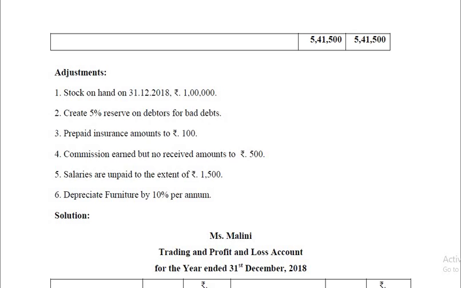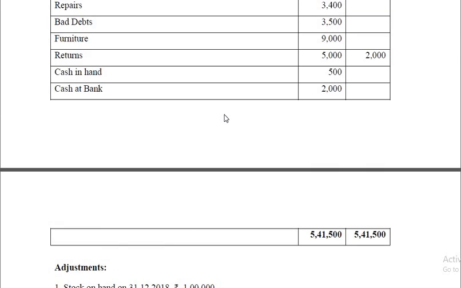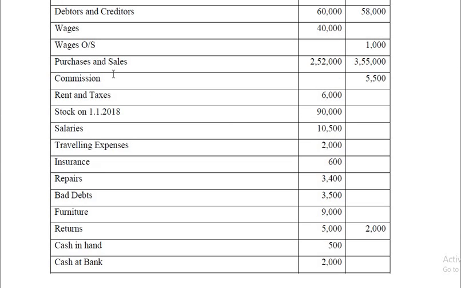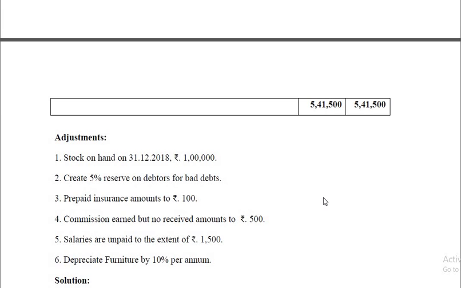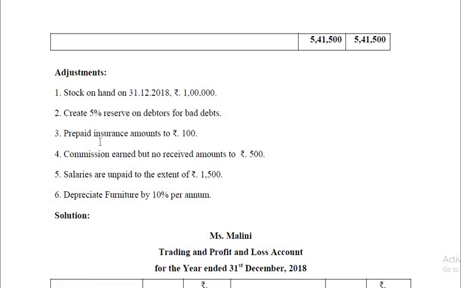Then create 5% reserve on debtors for bad debts. So you have to find out the debtors balance. Debtors balance is 60,000. Now bad debt is given in the trial balance, but no reserve, so no additional bad debt is given in the adjustment.